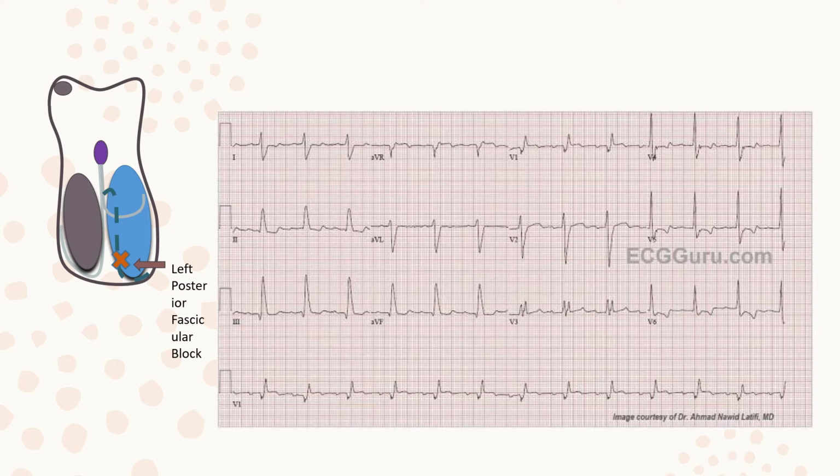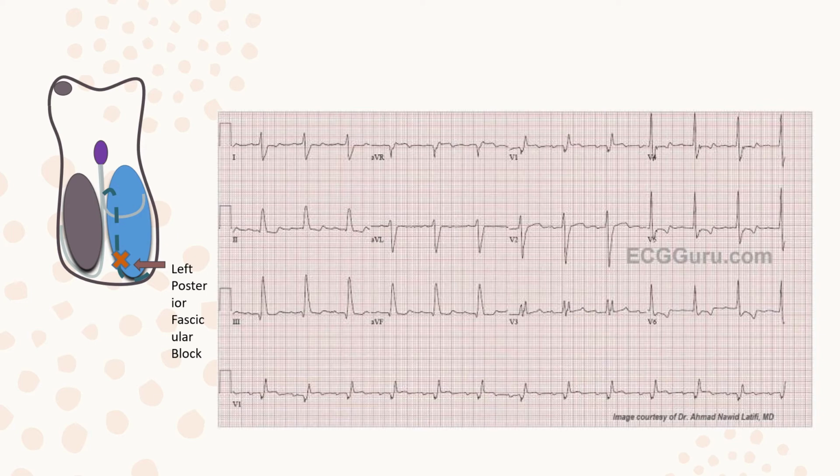Let's do our full interpretation. Of course we would have looked at the P and the PR interval and counted out what kind of rhythm it is and what the rate is and all that stuff. But in just looking at the bundle branch block, we would say this is a right bundle branch block. So this person has a right bundle branch block.